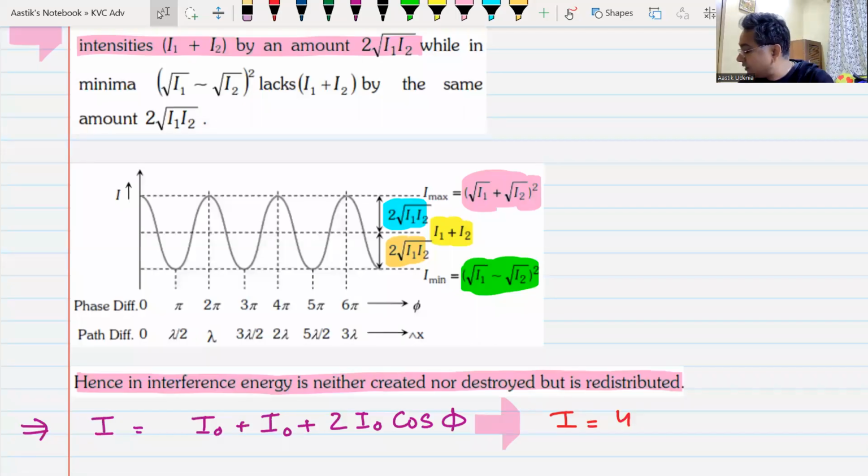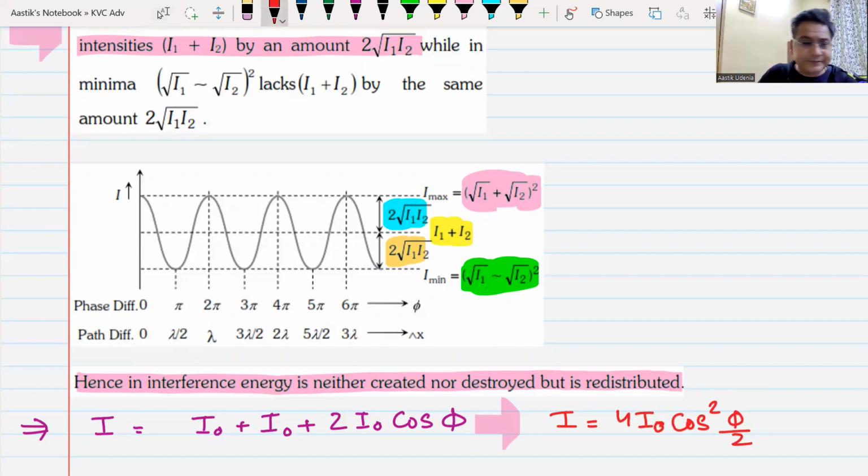So I can write the formula: I is equal to 4 I naught cos square phi by 2. Can I write it in this way, using the double angle formula?